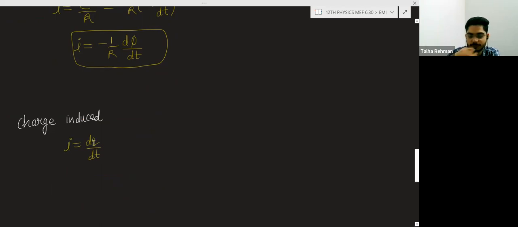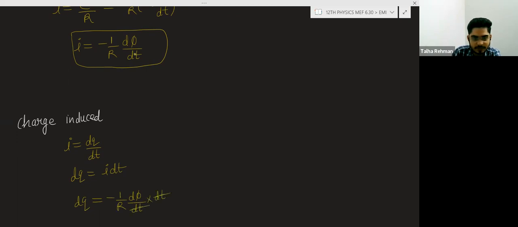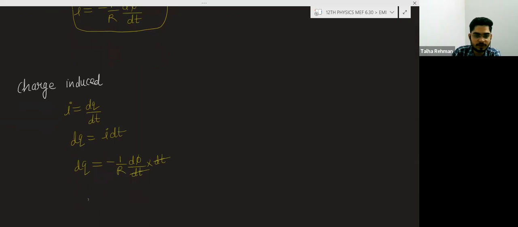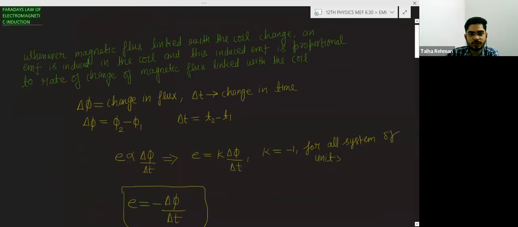So charge can be written as I, the current, into dt, and you know the value of current: minus 1 by R d phi by dt, and here is one more dt, and this is gone with this. So minus of d phi by R will be the charge induced in the coil. Okay, note down.